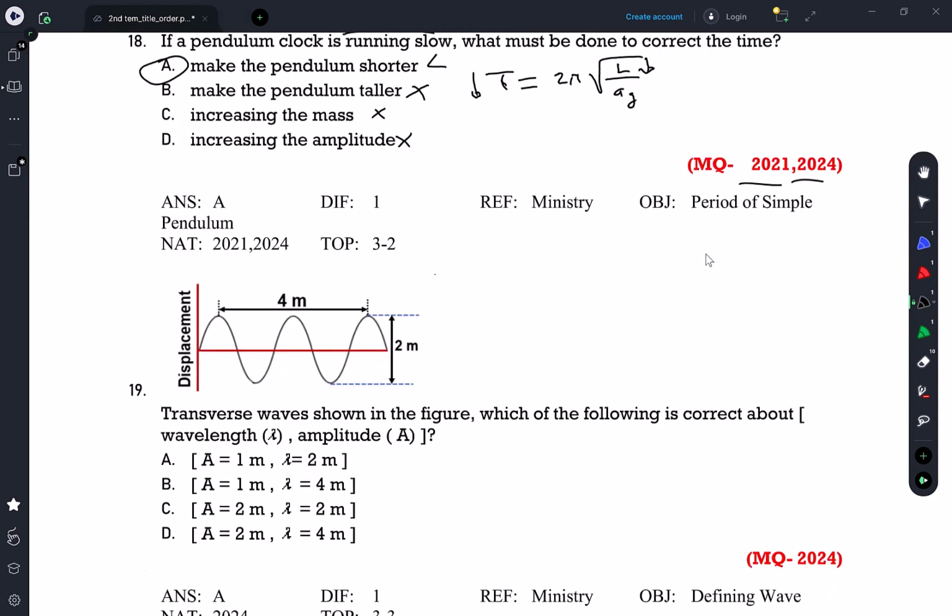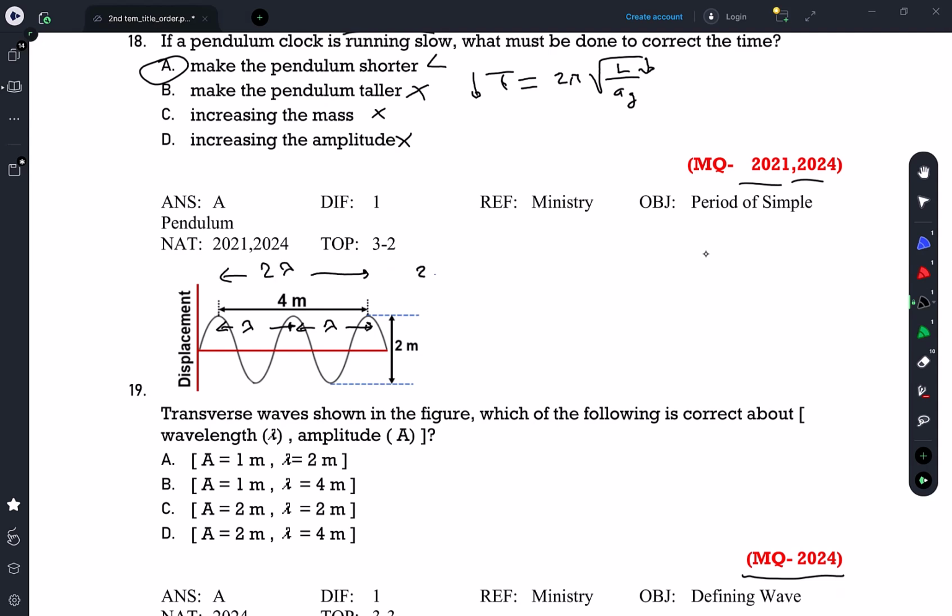Question number 9 is about waves. It asks, for the waves shown in the figure, which of the following is correct about wavelength and amplitude? Wavelength is from one crest to another crest, and this is lambda. This is also lambda. As you see, in 4 meters we have 2 lambda.